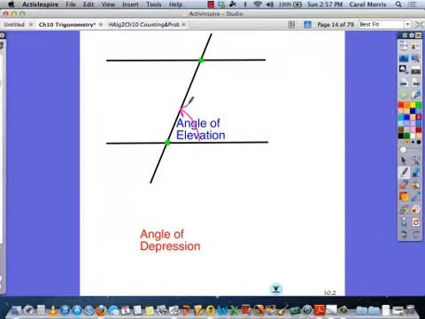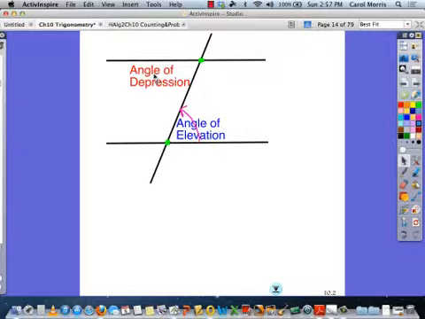So there and looking up towards the sky, that would leave us the angle of depression because of transversals, alternate interior angles. That would leave us with this angle from the horizontal to be our angle of depression. And because there are alternate sides of the line, we learn alternate interior angles are congruent. Those are angle of depression, angle of elevation. Okay?